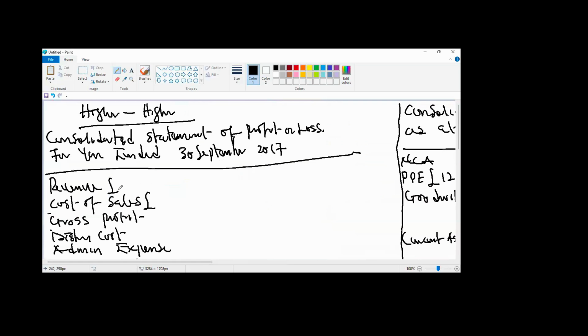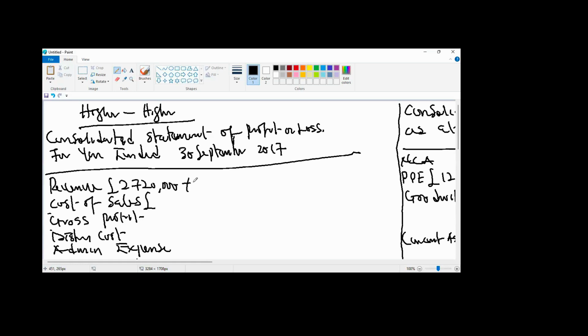What is the revenue of the parent? It is $2,720,000.